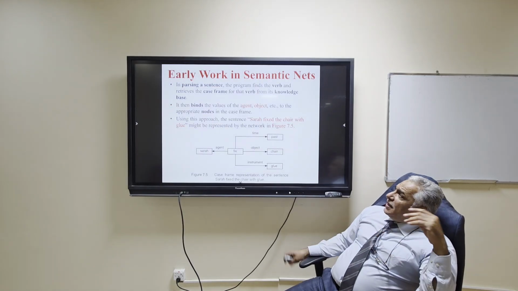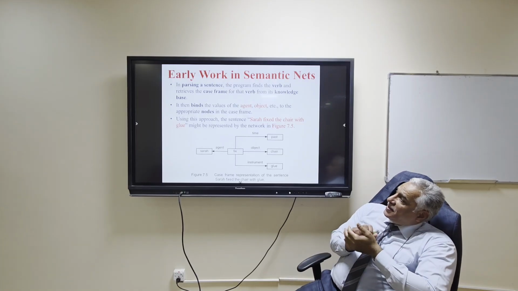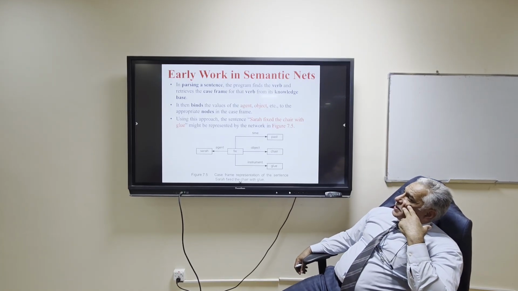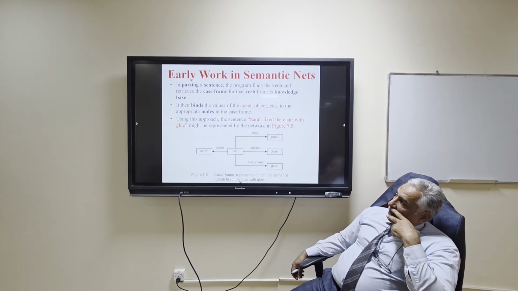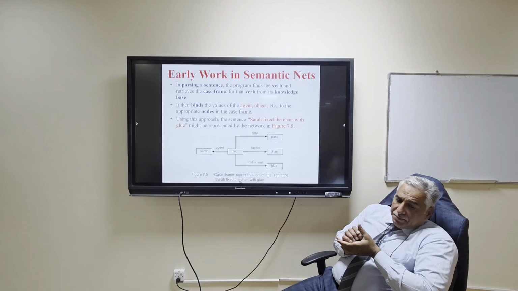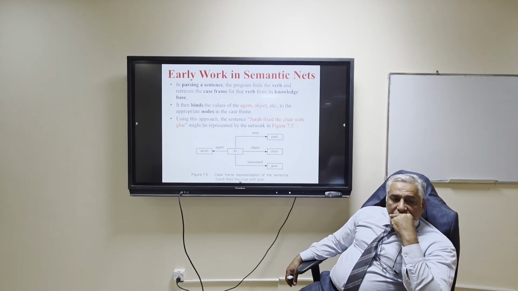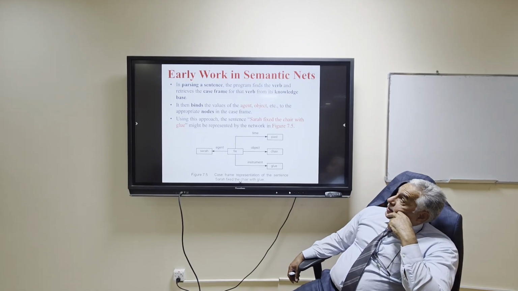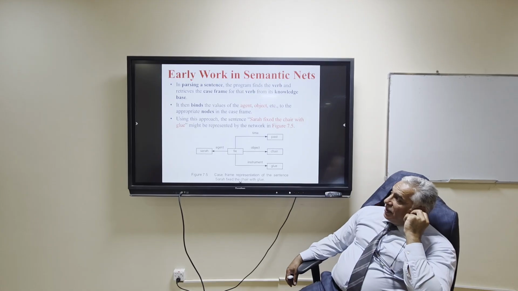In parsing a sentence, the program finds the verb and retrieves the case frame for that verb from its knowledge base. It then binds the values of the agent, object, etc. to appropriate nodes in the case frame.